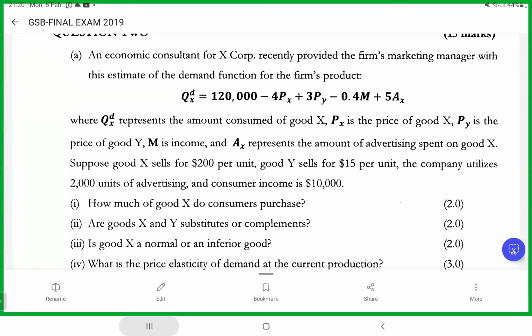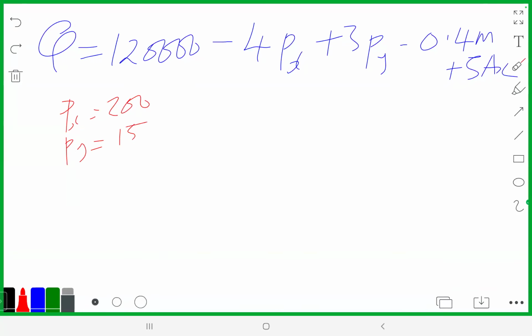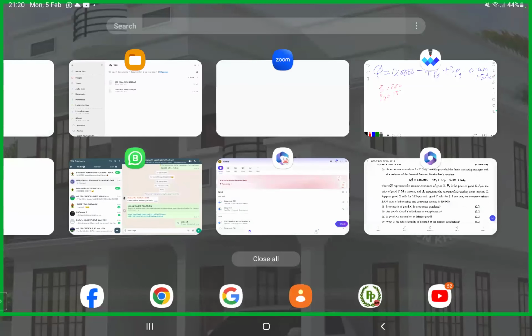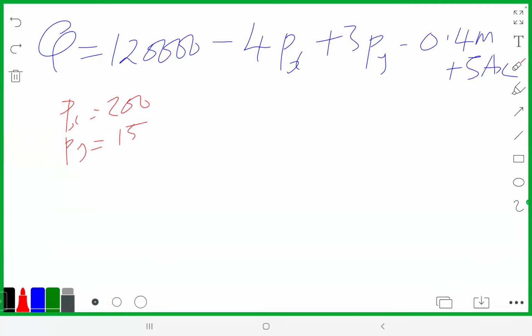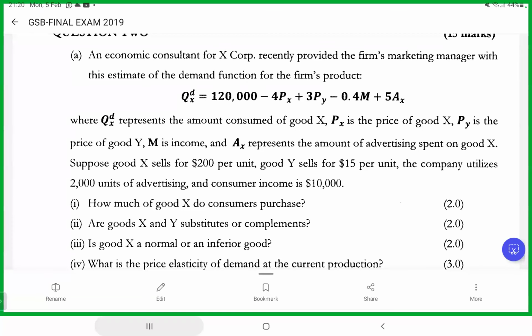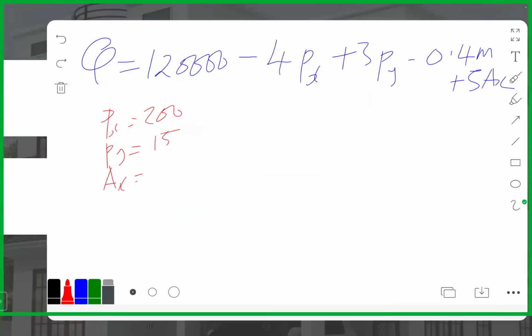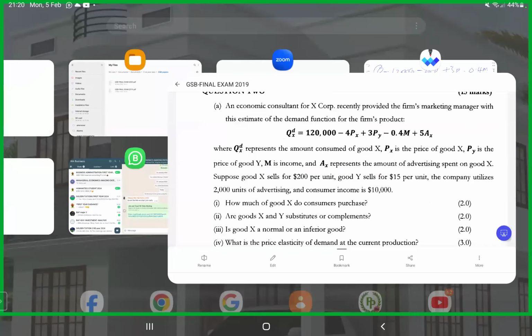So we pick PY equal to 15. And the company utilizes 2,000 units of advertising, so A subscript X is equal to 2,000 units. Then income is equal to 10,000. The income is $10,000.